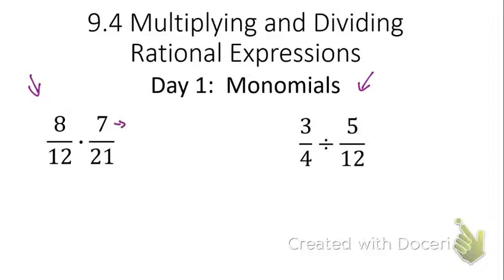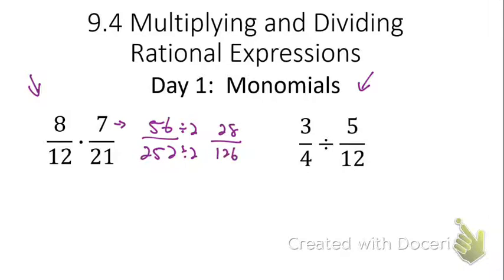So 8 times 7 is 56. 12 times 21 is 252. Now, the problem with this is it's not simplified, so let's start by dividing them both by 2. So 56 divided by 2 is 28. 252 divided by 2 is 126.